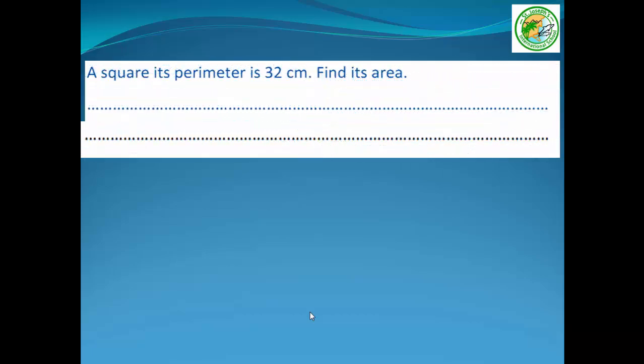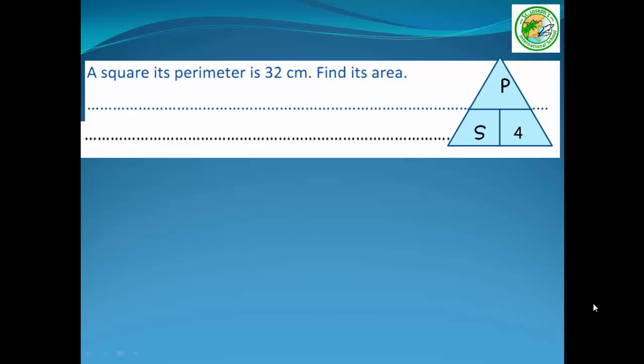Another exercise: a square, its perimeter is 32 centimeters. Find its area. We will use this figure to help you keep the rule. We said before that the perimeter of a square equals side length times 4. So we will put the perimeter up and side and 4 down.